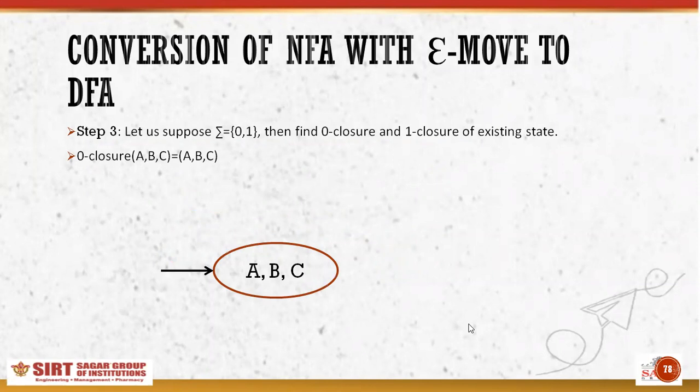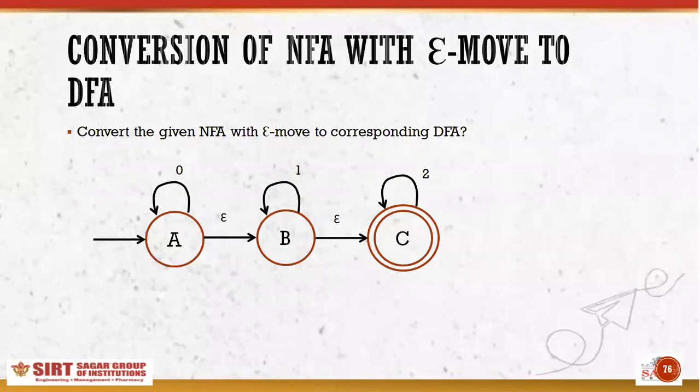Now, if I talk about the 1 closure of ABC, what will happen? The 1 closure of ABC will lead us to BC, because from A you cannot directly take a 0 transition, but you can reach B by an epsilon transition, and then you can make a 1 transition and reach B. And after taking 1, you can either rest at B or move to C with the help of an epsilon transition.